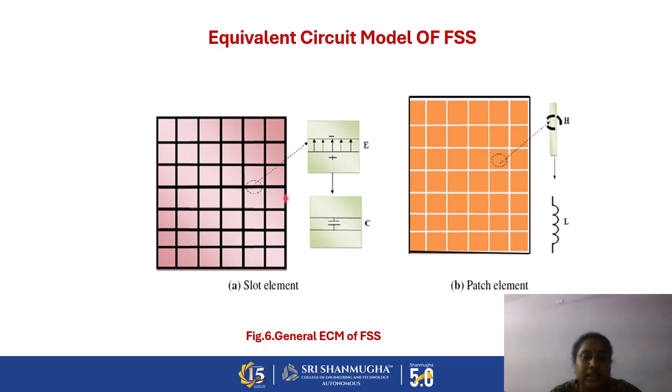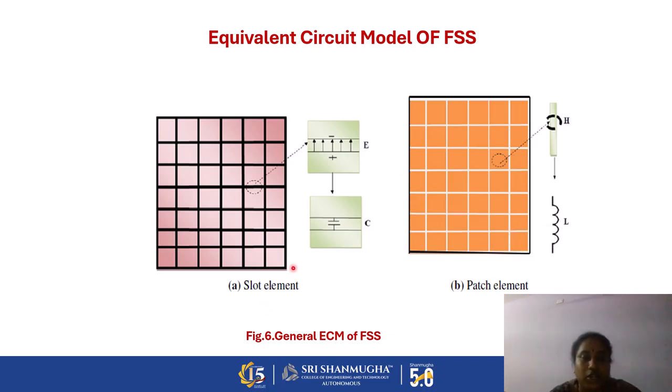So this is the entire slot element. The slot element consists of the gap. The gap produces the capacitive elements, and the patch element will generate the inductive elements. So based on the slot element and then patch element, we are creating the capacitive and inductive elements in the FSS. Based on our design, we are creating the slot and patch element.